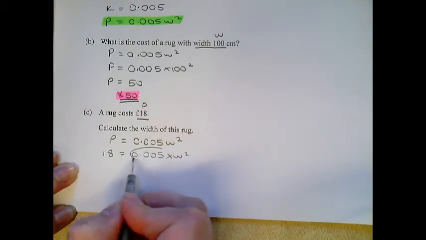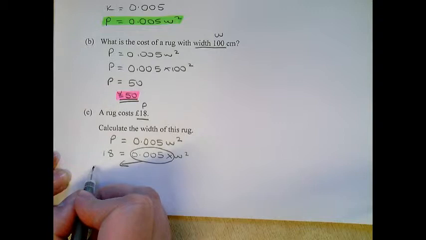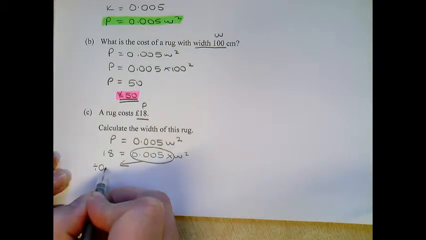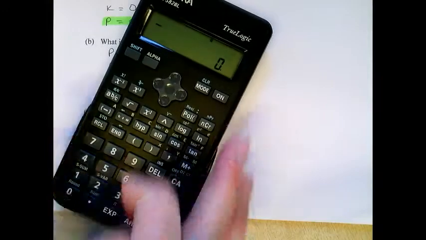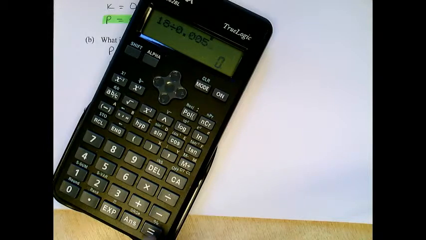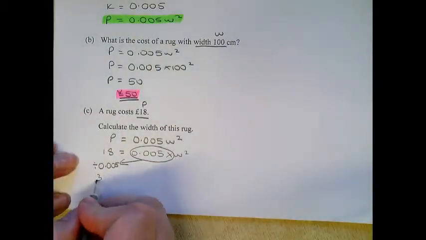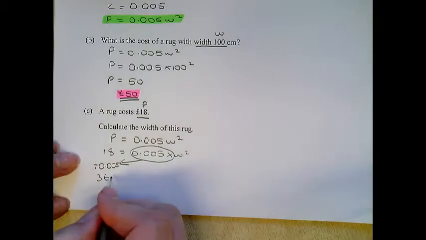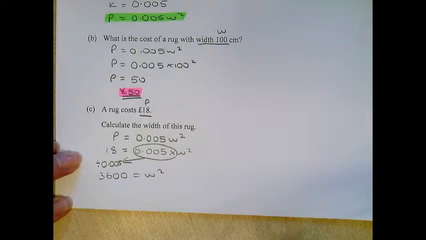So for me to rearrange this, to be able to find the width and get it on its own, I need to bring the times by 0.005 over to the far side and divide by 0.005. So 18 divided by 0.005 gets me 3,600. But that's for W squared, and that's not the width of the rug, that's the width of the rug squared.